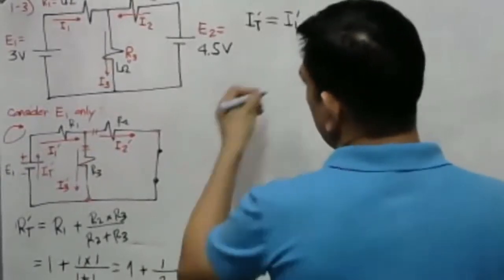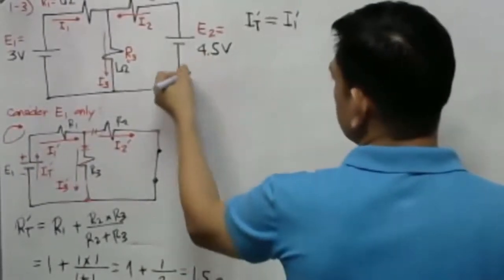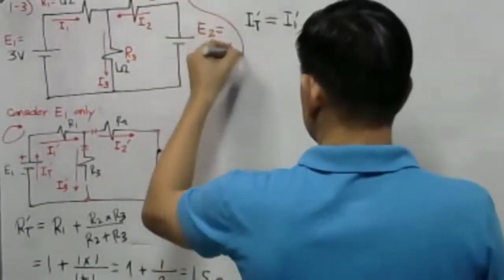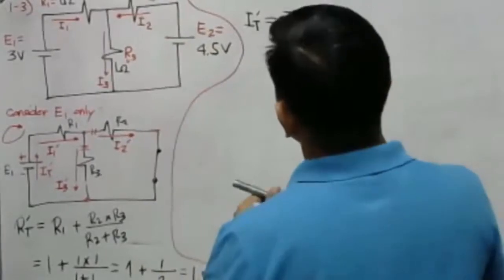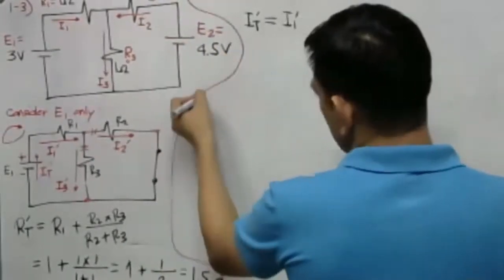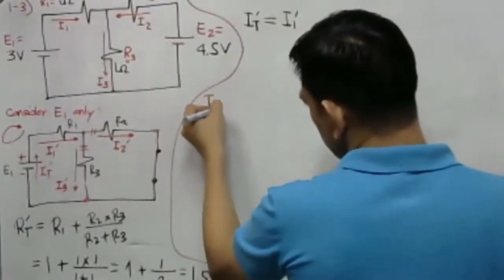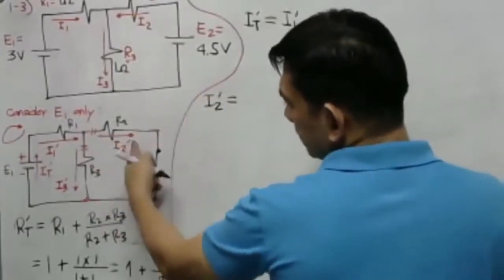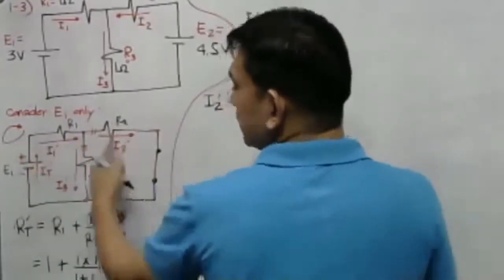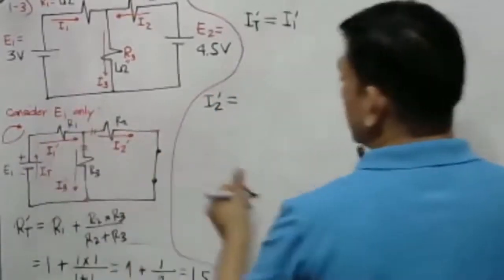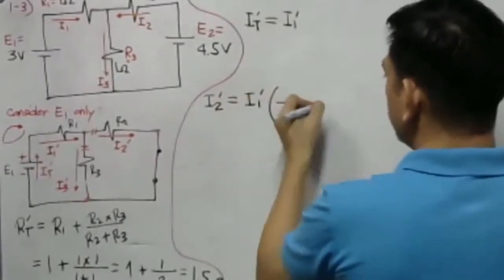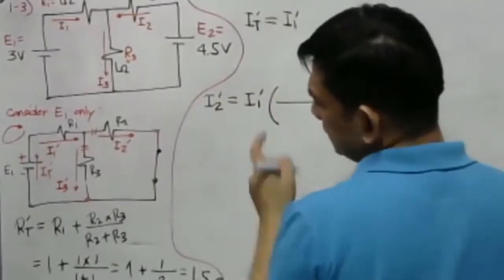And then, let us get now our I sub 2 prime. What is our I sub 2 prime? I2 prime will be equal to the resultant current, our I1 prime, multiplied by the opposite resistance.